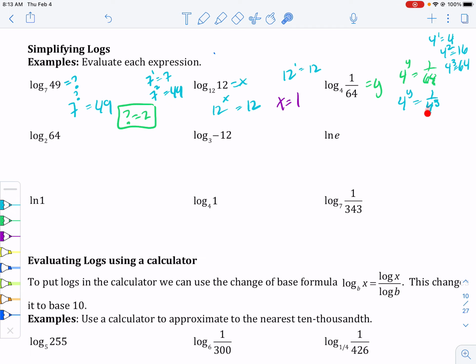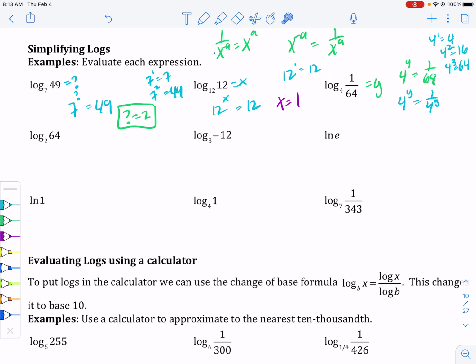But you should remember that if it's in the denominator, you can move it to the numerator and make it a negative exponent. Okay, we had this rule that if you had x to the negative a, that's the same thing as 1 over x to the a. And if you had 1 over x to the negative a, that's the same thing as x to the a. Okay?